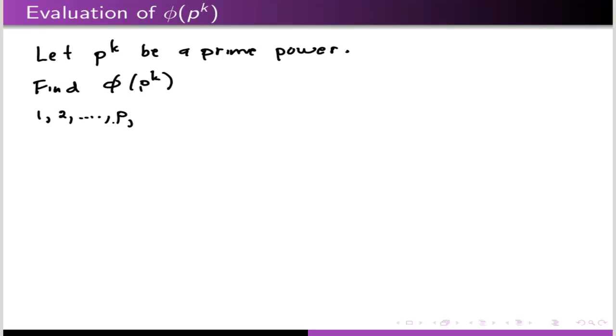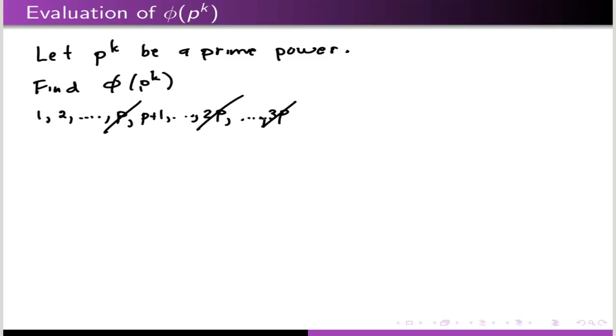So the first such value would just be p. And then you go to p plus 1. The next value would be 2p. Whenever you have a factor of p, that's when you would not be relatively prime to p to the k. So these numbers I want to cross off my list.